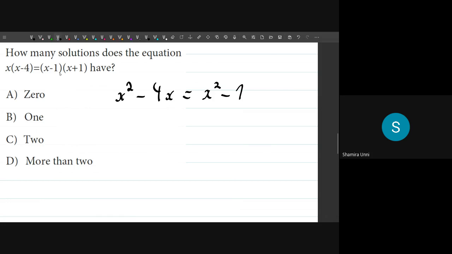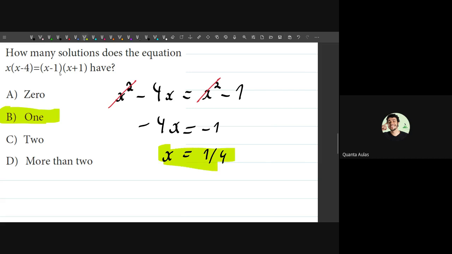So if you look with me here, x squared cancels, okay? This x squared disappears. So we have minus 4x equals minus 1. So x is only 1 over 4. One solution only. This is a troll question. A troll question, okay?